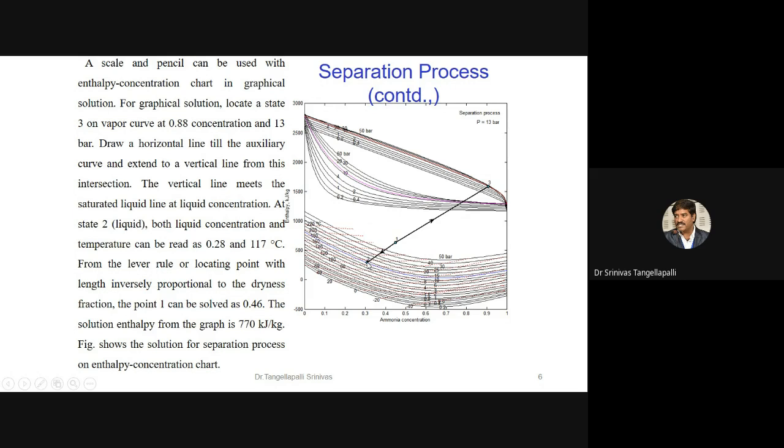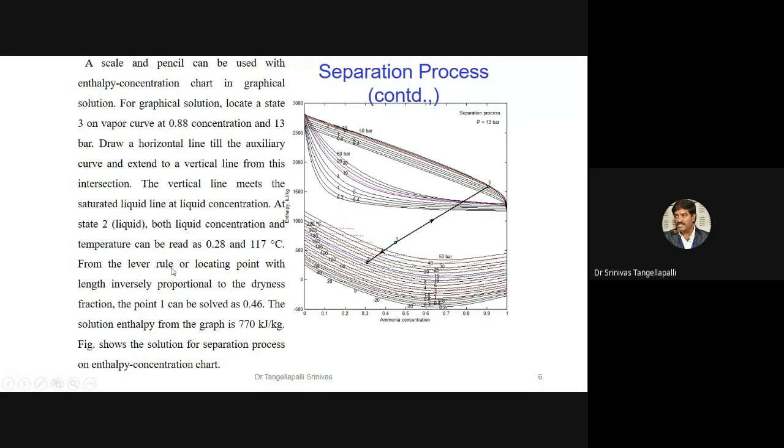So this liquid point indicates the concentration of the liquid and also the temperature of the liquid. The temperature of the liquid is 117 degrees centigrade. Concentration of liquid, referring to our figure, I don't know exactly, it is showing 0.28, and temperature is 117.